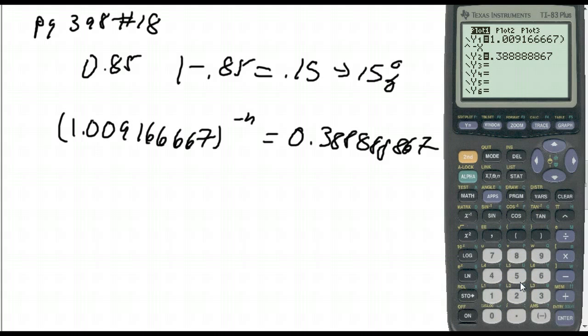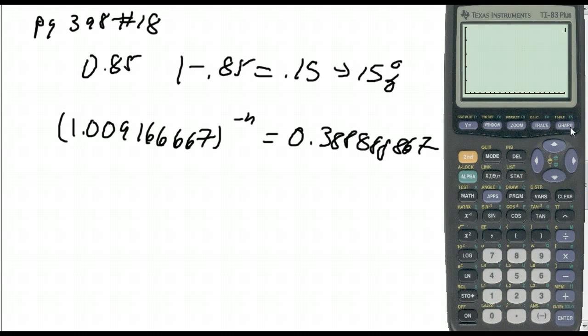What didn't it like? Actually, I probably don't need that bracket. So let's try that. So there's my 0.3. I don't think we're quite at enough, so let's try 100.